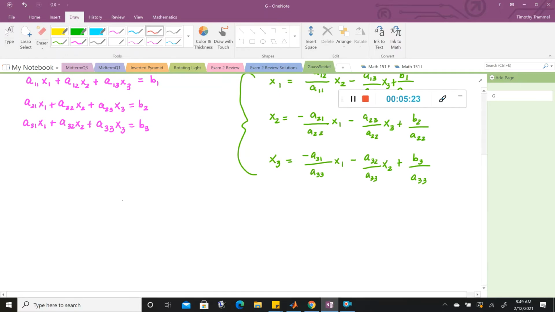Let me put a little note here. It's actually from our book. Notice that the solution, that's the part in green, can be expressed concisely in matrix form.